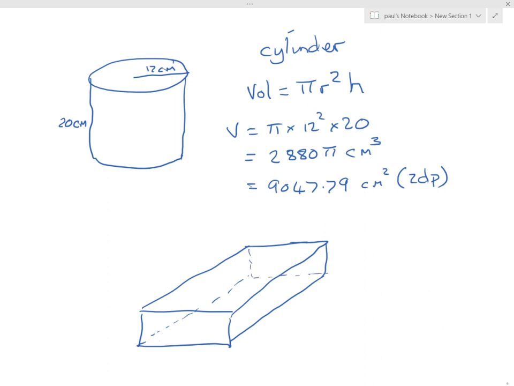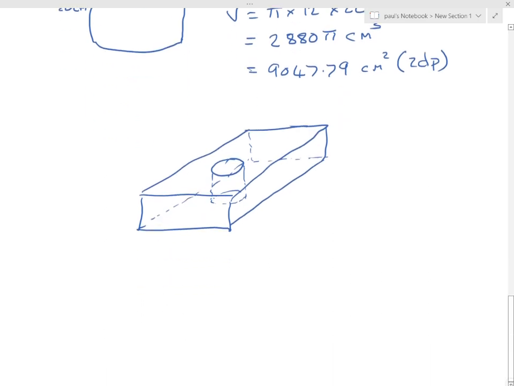And in the middle of the cuboid, we're going to make a hole. So we're going to find the volume of what's left after we've taken a hole out of the cuboid. So let's put some measurements on there, 5, 15, 20.